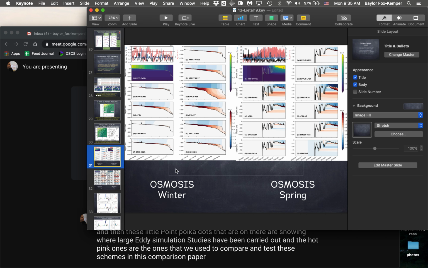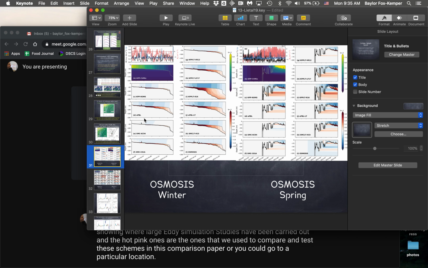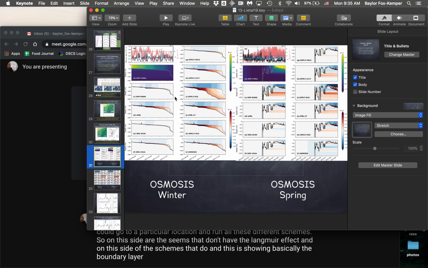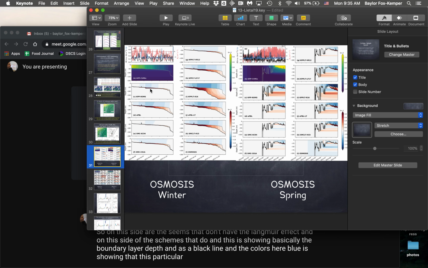Or you could go to a particular location and run all these different schemes. So on this side are the schemes that don't have the Langmuir effect, and on this side are the schemes that do. This is showing the boundary layer depth as a black line, and the colors here, blue is showing that this particular model is colder at that location.